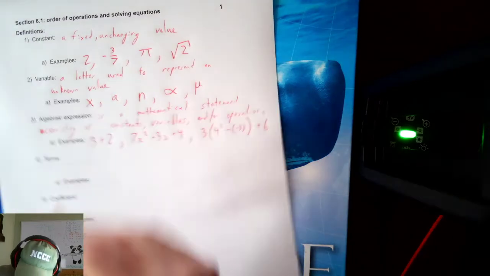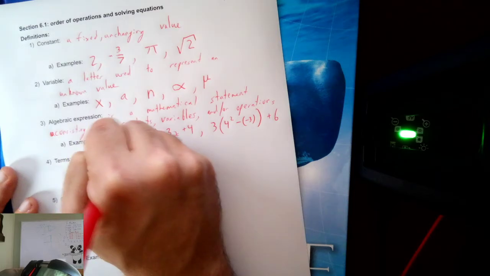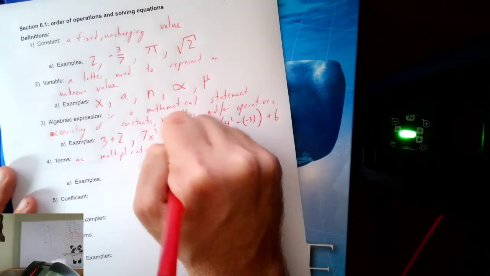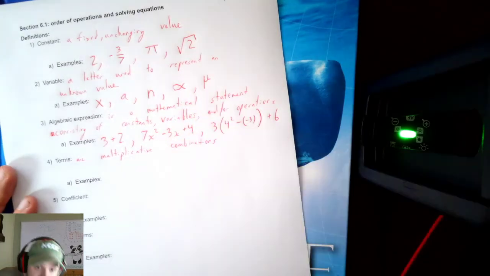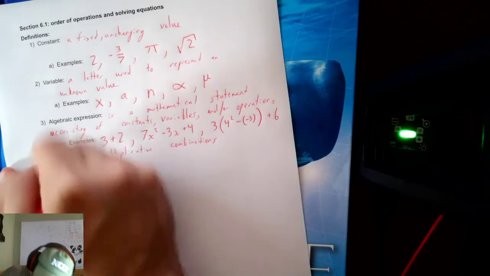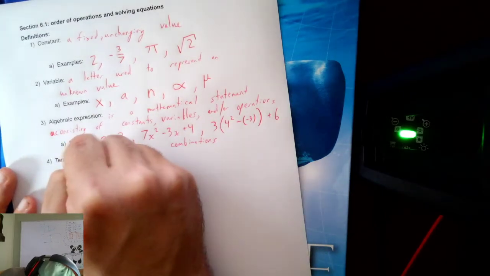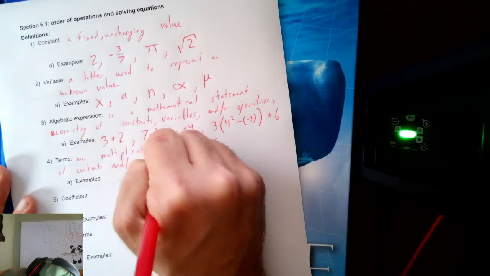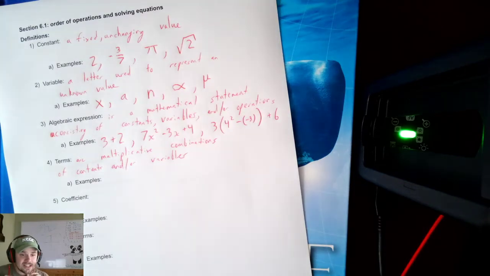Now, terms are multiplicative combinations of constants and/or variables. Terms are the things that make up an expression.